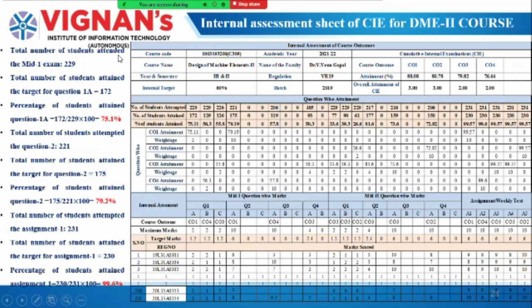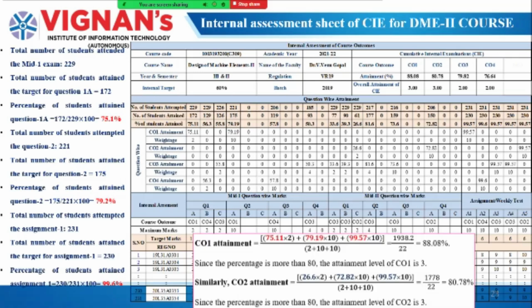here, question 2 A bit. Here we are calculating for CO1. If you observe, this is CO1, this is CO1, and again in this we have CO1. I am calculating for CO1.